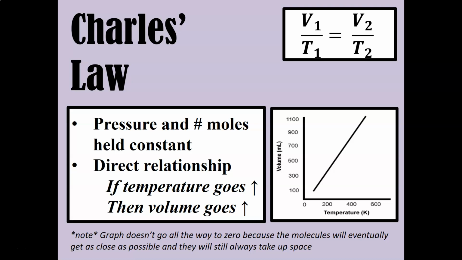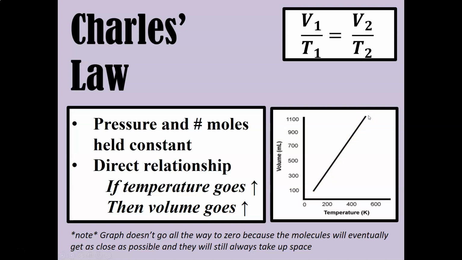They're going to be hitting the sides of the container more often. And to make sure that the pressure stays the same, the container will need to get bigger to alleviate those extra collisions, right? To keep those from happening because we want to keep that pressure the same. And so temperature goes up, the volume goes up.